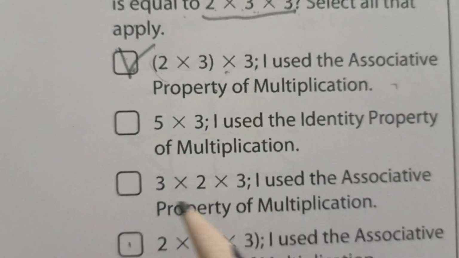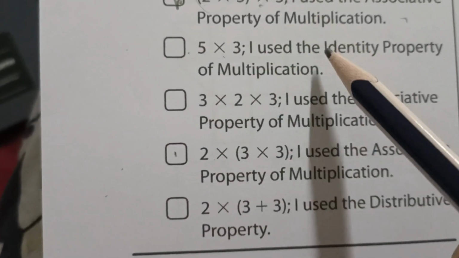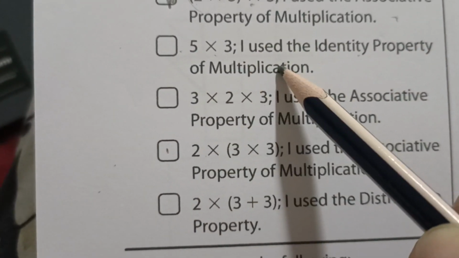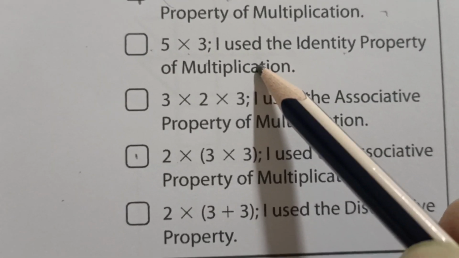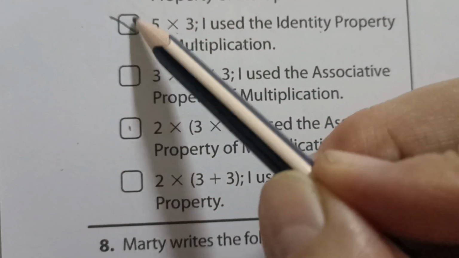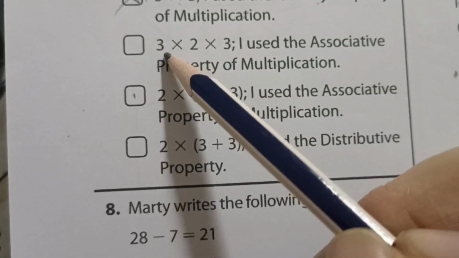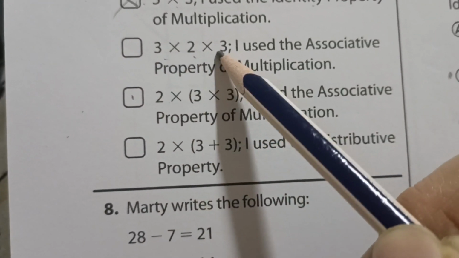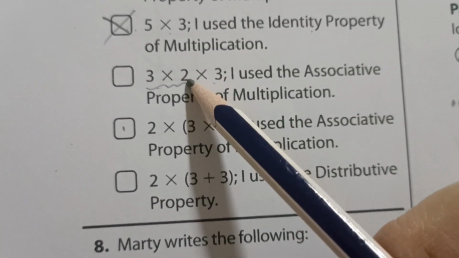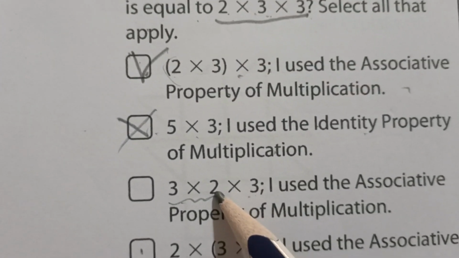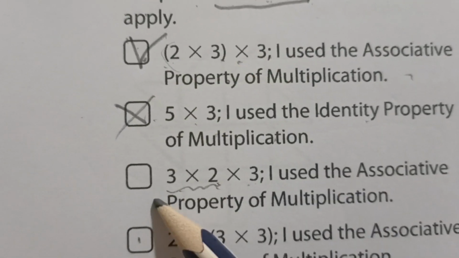Associative property, yes. Here 5 times 3, I use the identity property of multiplication. No, because the identity property of multiplication is multiplication by 1. This is not good. This one, 3 times 2 times 3, is okay actually, but here you can see a change in factors. They changed 2 and 3, they changed places.